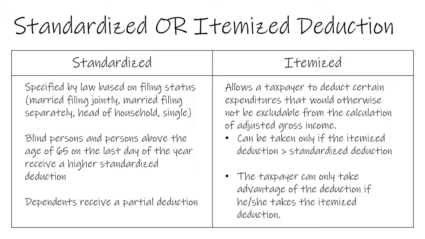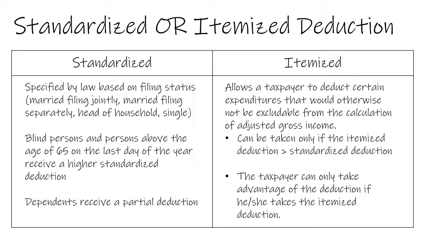The itemized deduction allows a taxpayer to deduct certain expenditures that would otherwise not be excludable from the calculation of adjusted gross income. The itemized deduction is only advantageous to the taxpayer if the itemized deduction is greater than the standardized deduction. Another catch is that you can only take the standardized deduction or the itemized deduction.